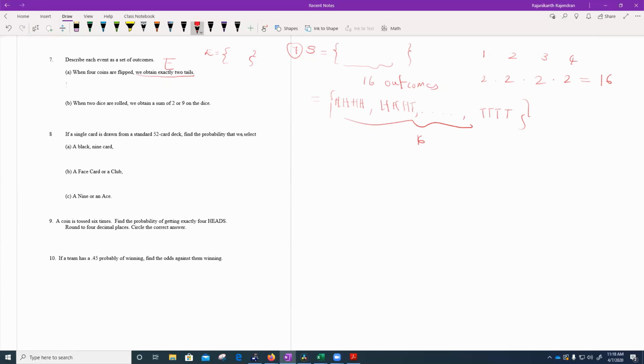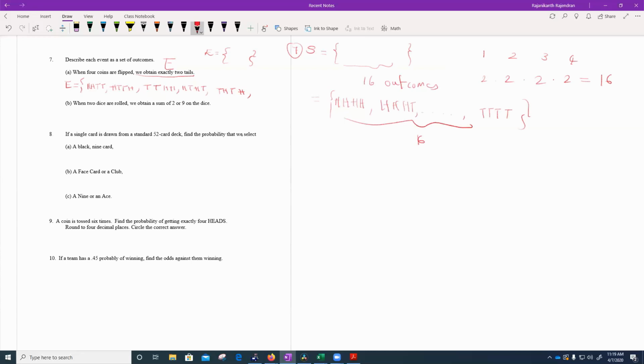It means my event E may have heads, heads, tails, tails, or heads, tails, tails, heads, or tails, tails, heads, heads, and I may have heads, tails, or we may have a heads. How many possible outcomes for this particular event do I have?